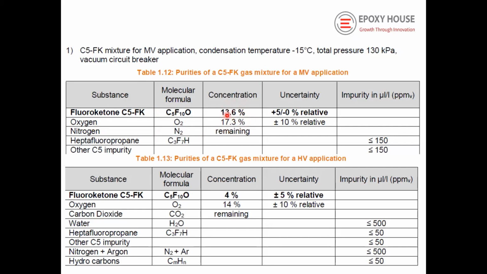People are using 70% nitrogen with the fluoroketone and oxygen. In the high voltage application, the same gas is used with a higher pressure. Here also the fluoroketone is about 4% and oxygen 14%. The remaining is carbon dioxide, since carbon dioxide has a better quenching property than nitrogen. So it is used.